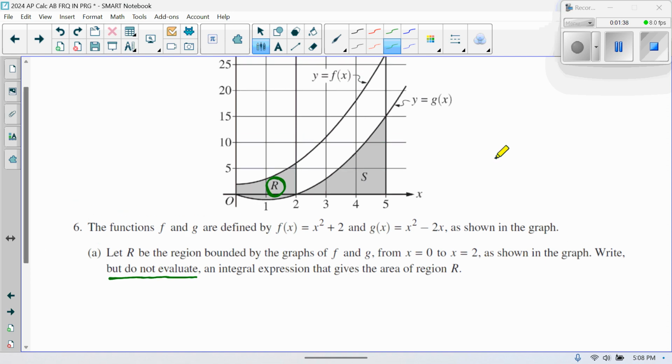Now look, it is top curve minus the bottom curve. That's it. So let's integrate. Our bounds go from 0 to 2.